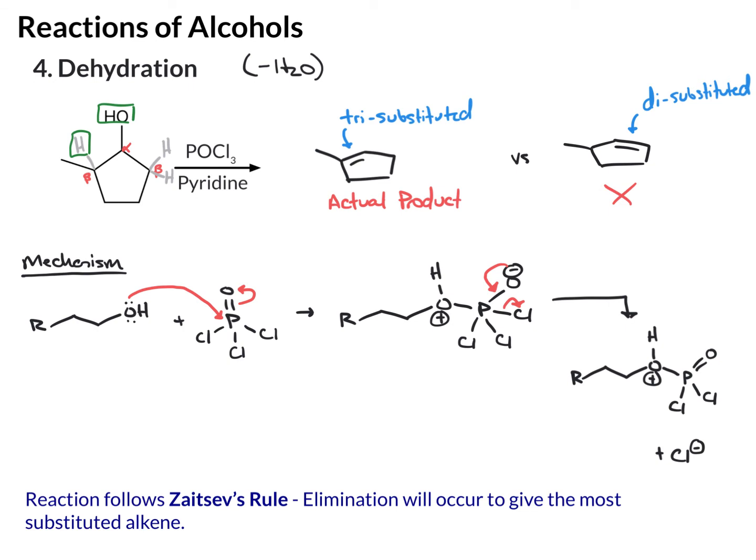Next, we're going to use the pyridine as a base to get rid of this proton on the O+. I'm just going to abbreviate pyridine as PYR with its lone pair. We'll come up and take this proton off of the oxygen.